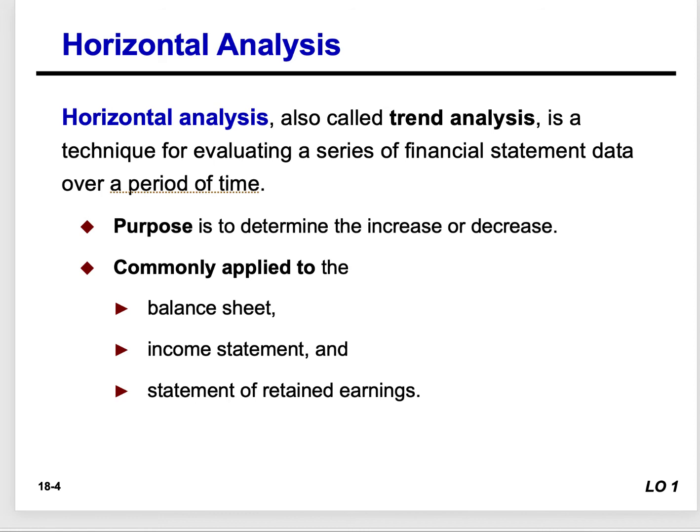So, horizontal analysis allows us to determine was there any increases or decreases in certain financial statement items. Okay. We can apply horizontal analysis to the balance sheet, the income statement, and the statement of retained earnings.